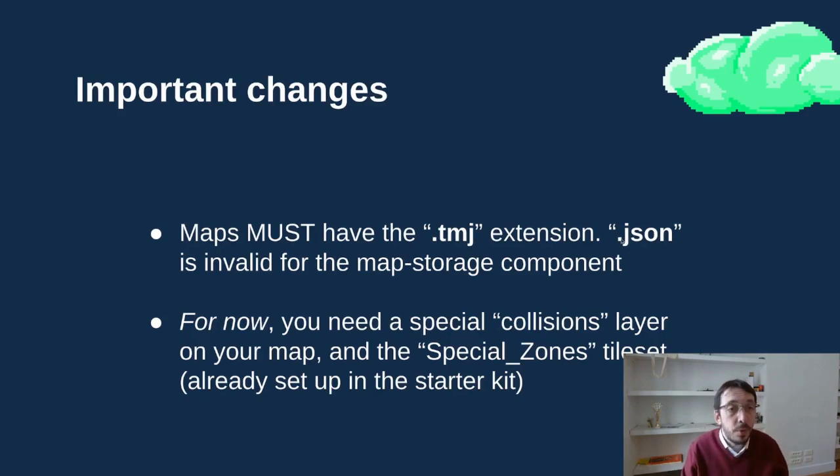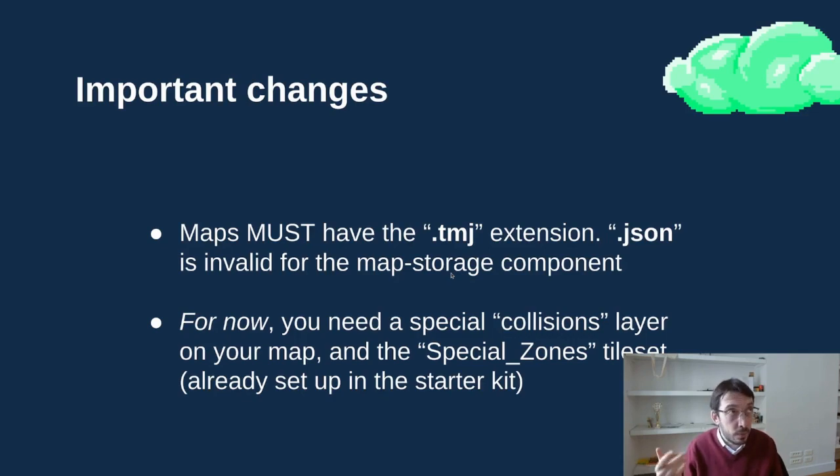Most of the time, we were designing maps with a JSON extension, and it will be invalid within the map storage component. You can still use the .json extension outside of it, so if you load the map from the outside, but if you use the map storage component, you will need to use the TMJ extension.